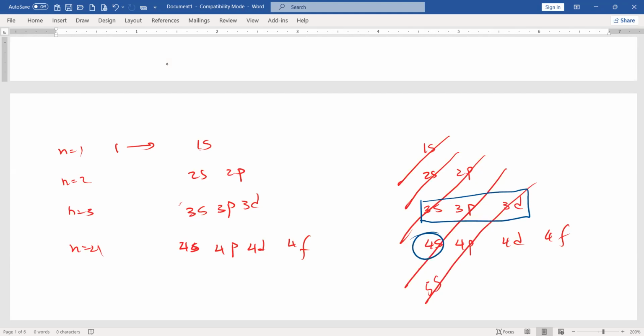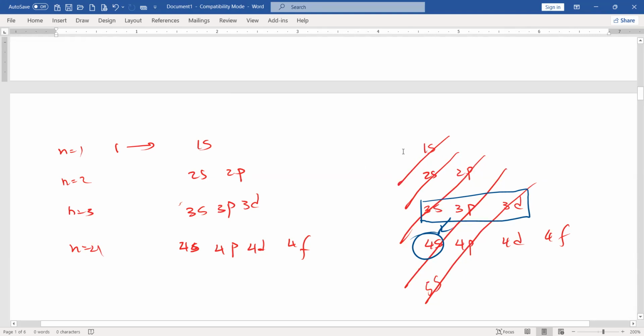After 3p, it fills 4s, not 3d. If all the 3d atomic orbitals were filled and then electrons filled 4s, that is what the statement says.